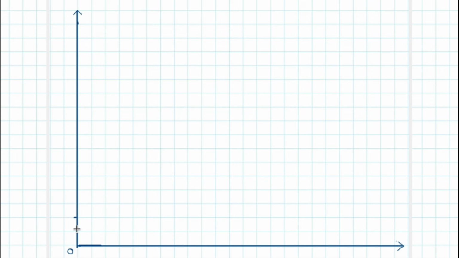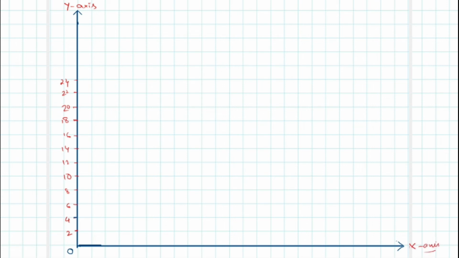So 0 is already there, so it is 2, then 4, then 6, 8, 10, 12, 14, 16, 18, 20, 22, 24. Okay, so 20 is there and we have marked until 24, so it is okay. Now this is our y-axis and this is the x-axis.